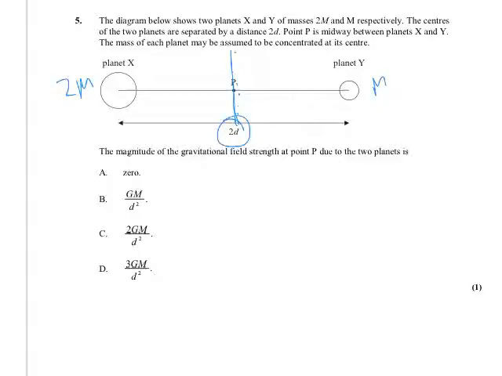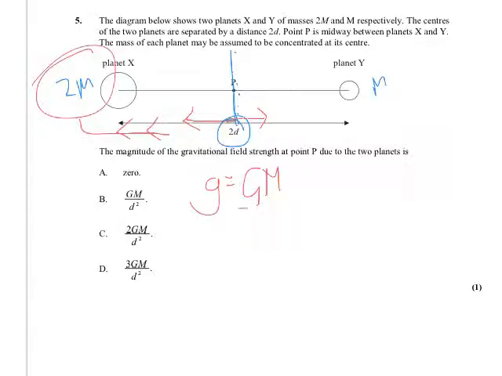The magnitude of the gravitational field strength. So this is a forces question. G, gravitational field strength, is a vector. So you're going to feel a pull in this direction thanks to 2m, and a pull this way thanks to m. And we would expect this one to be larger. So let's find out how big this force in this direction is. We have g equals Gm over r squared.